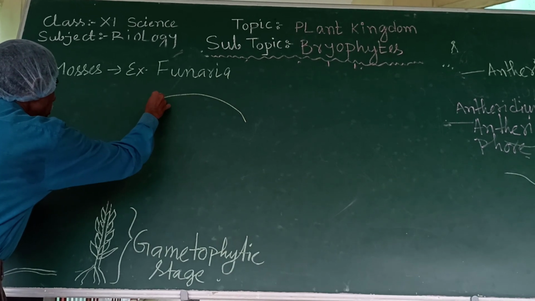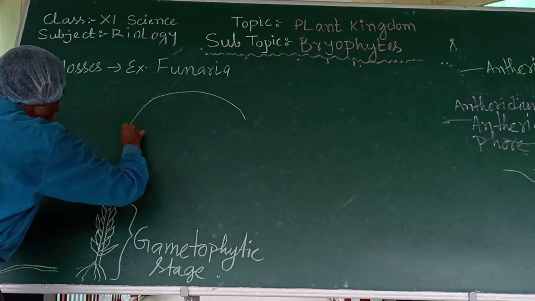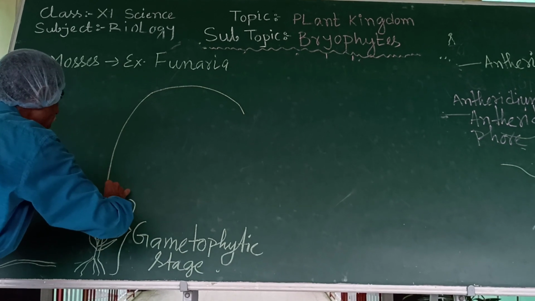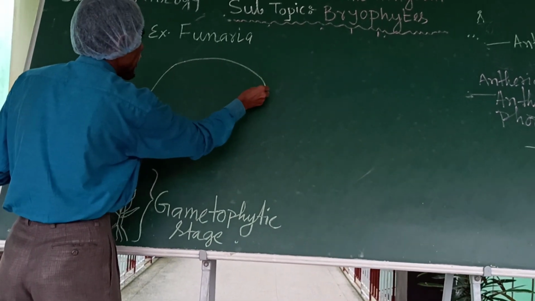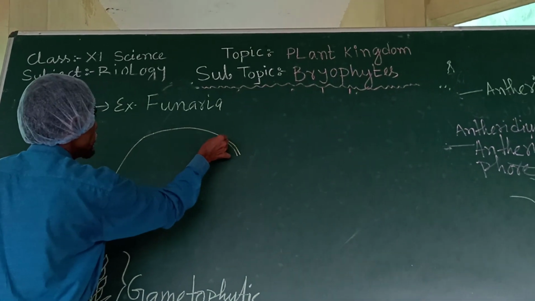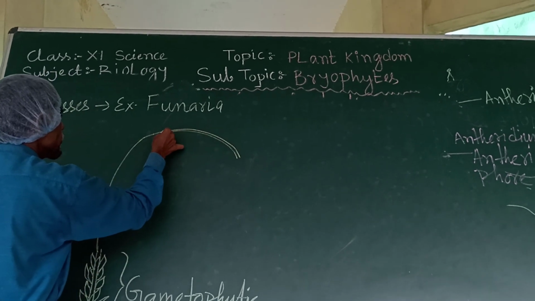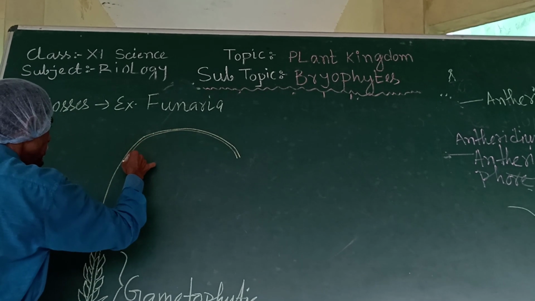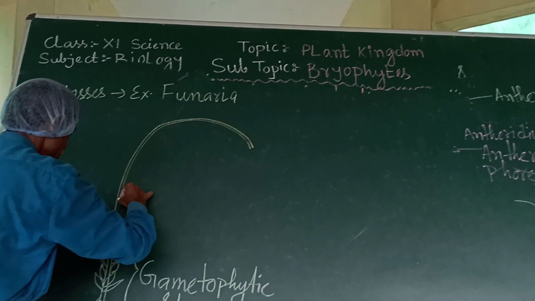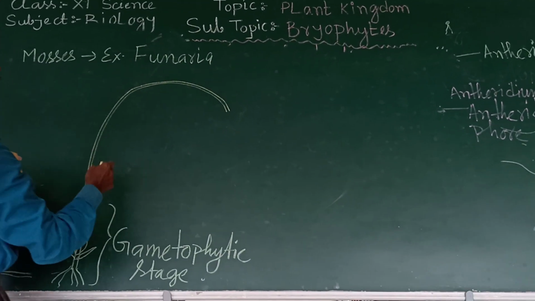This is the sporophytic body going over the gametophytic body.